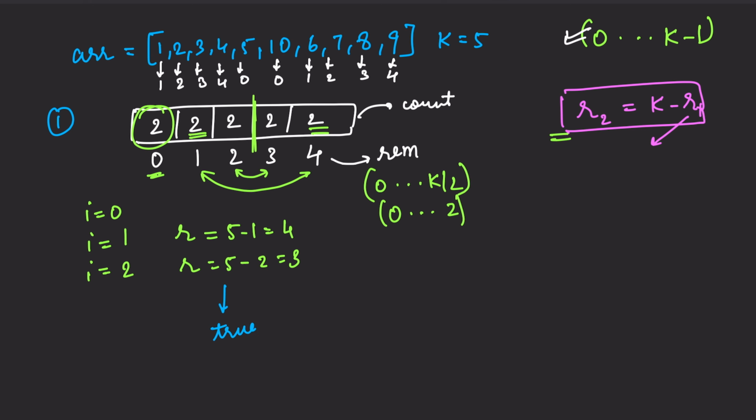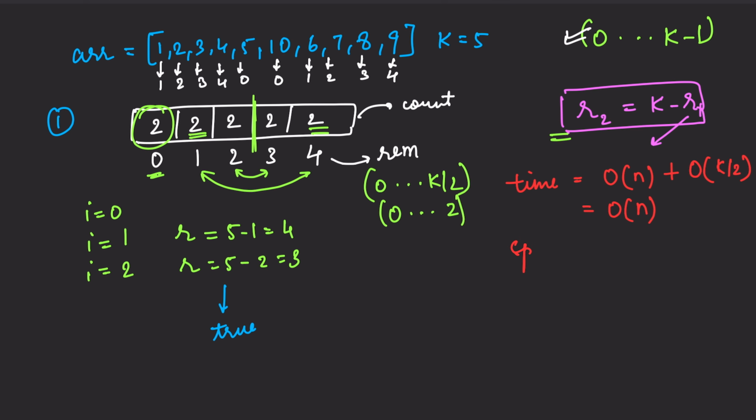I hope it's clear. Anywhere in between, if we don't get an equal count, we return false. Now you can see that the iteration through the array happened only once, so the time complexity will be O of n plus O of k by 2, which is O of n because k will be a small number.